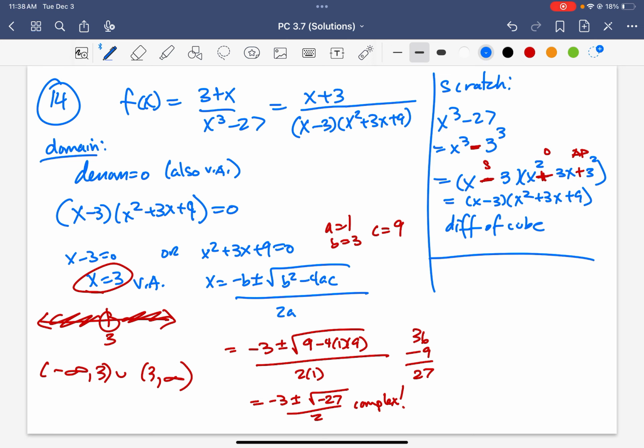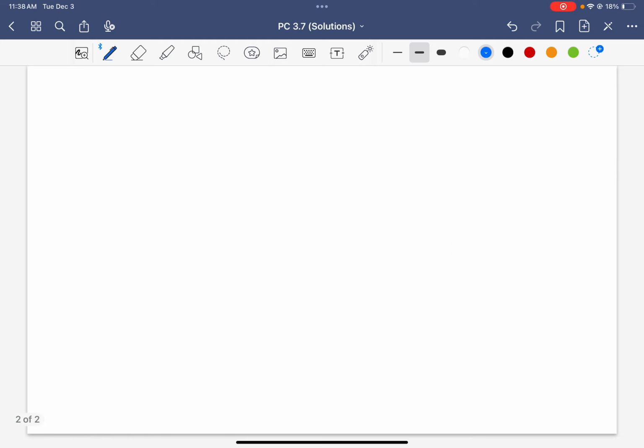And then there are no holes, right? So the domain is denominator equals 0 because we didn't have any holes to cancel out. And so the vertical asymptote is x is equal to 3. Maybe I write down that vertical asymptote is where denominator equals 0, and we said that that's x equal to 3.